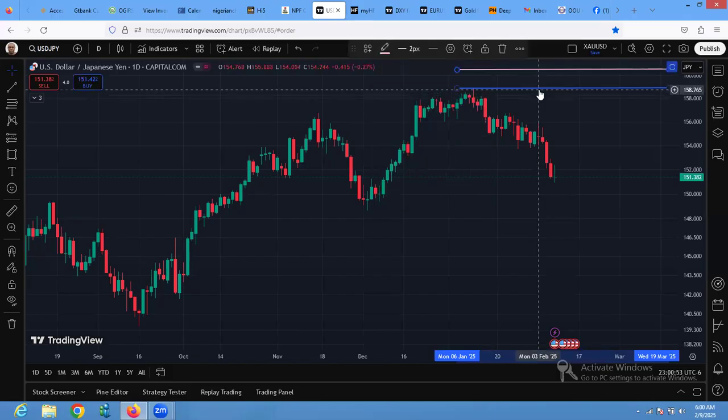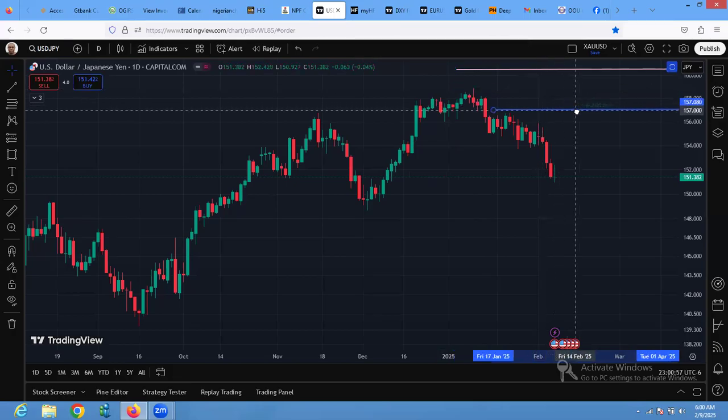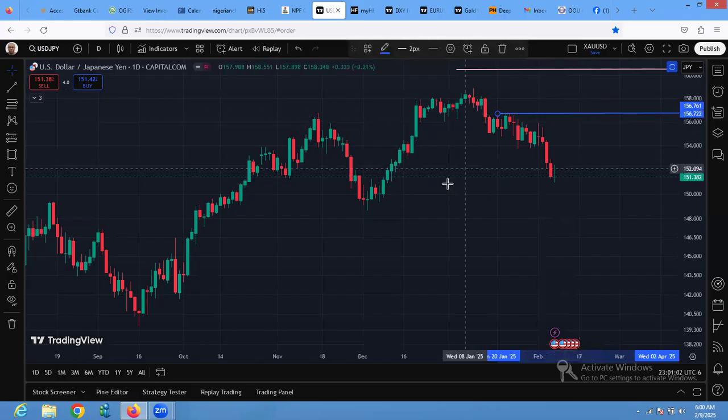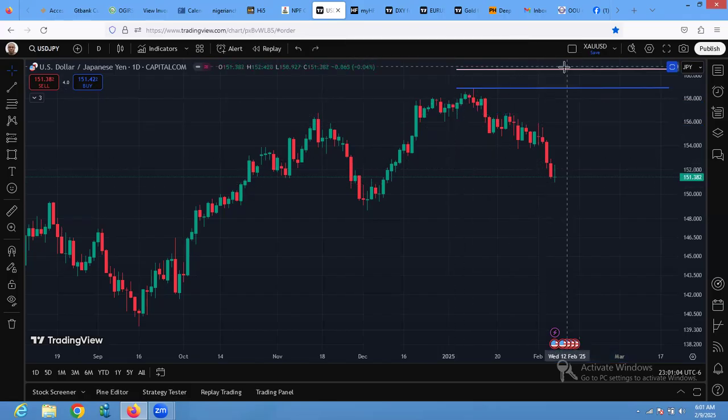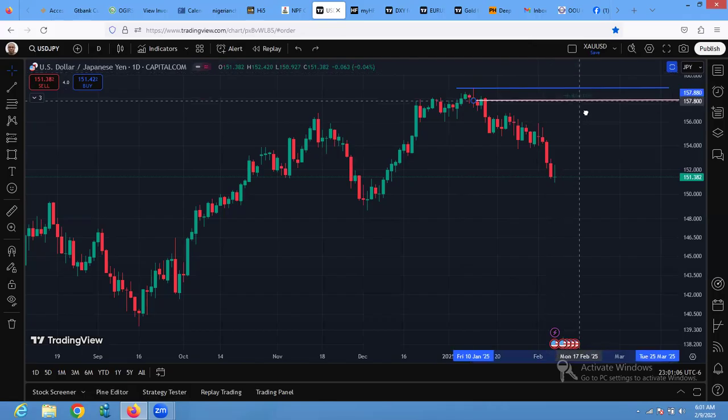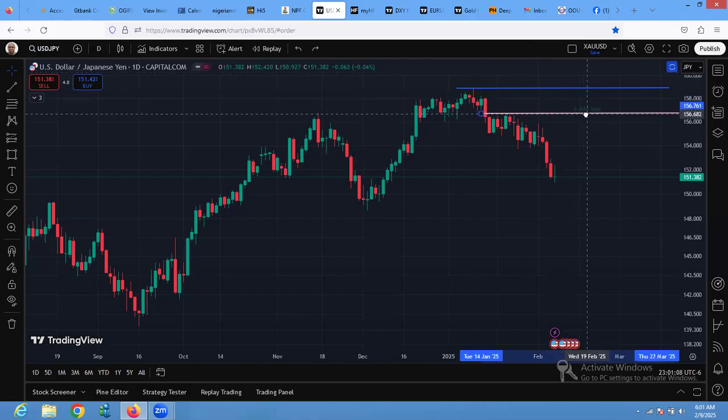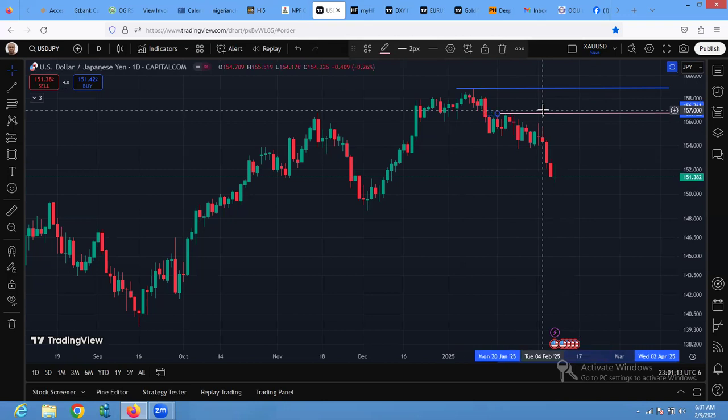How you can trade this is more like looking at this as where you don't want to break for now.